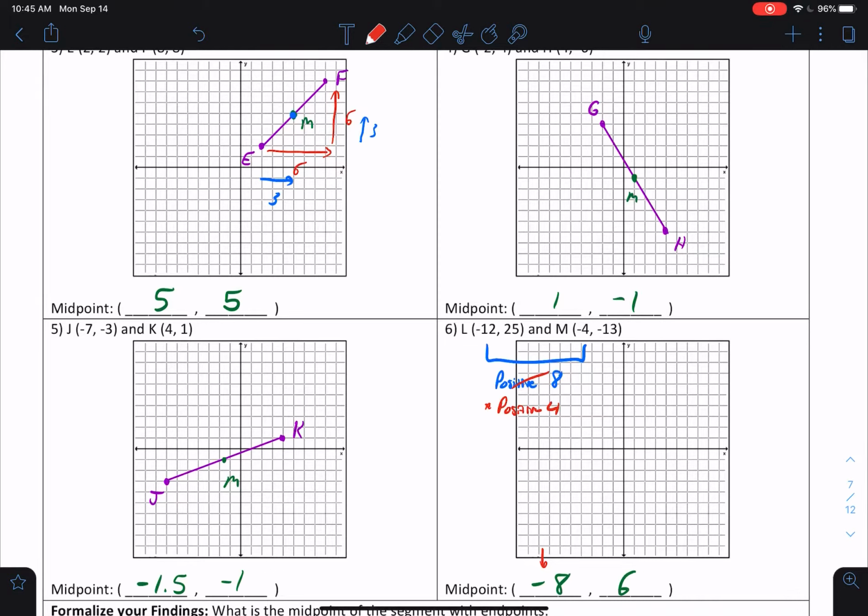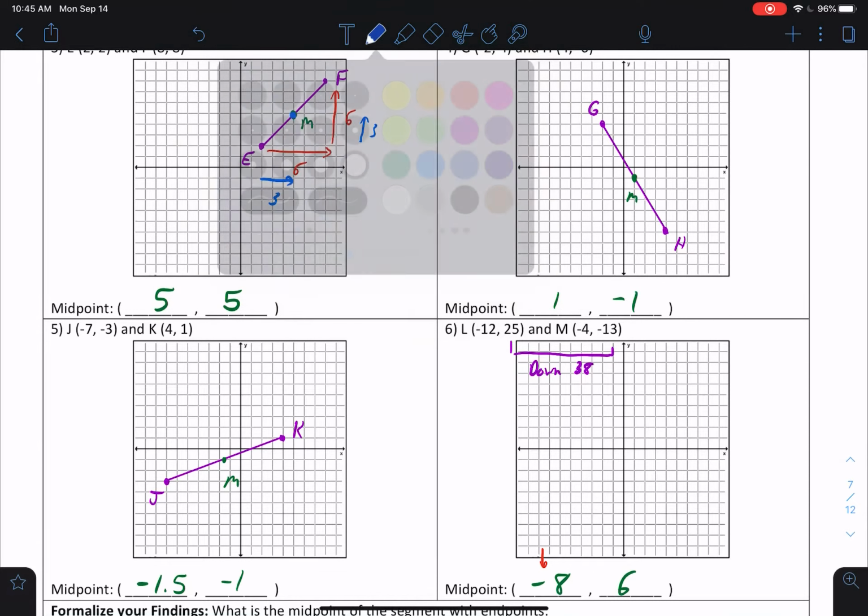What about for the y coordinates? If I start at 25 and I go to -13, that's moving down 38. So instead of moving down 38 to go to endpoint, I only want to go to the midpoint. I want to move down 19. So if I start at 25 and I move down 19, I'm going to end up at positive 6.